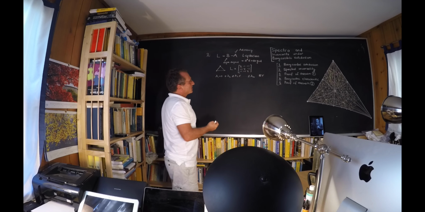where fd is universal, depending only on the clique number d plus 1. D plus 1 is the size of the largest complete subgraph which we have.